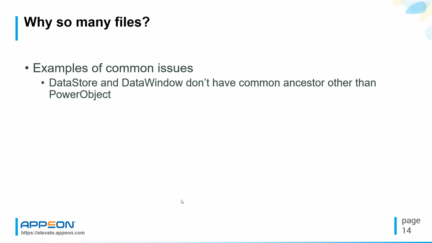They don't inherit from each other at all. I haven't looked at the code underneath, but it likely means that there's no real reuse going on. Even though the data store and the data window have many of the same methods, it's likely that they were coded separately from one another.